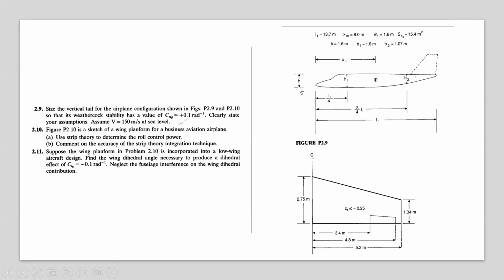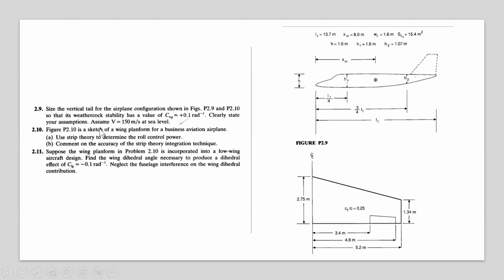These pictures are giving different dimensions for an aircraft. Now, for this vertical tail they haven't given any dimensions, nor the location of its aerodynamic center. So question 2.9 is: size the vertical tail for the airplane configuration shown in these two pictures, so that its weathercock stability has a value of C n beta plus 0.1.